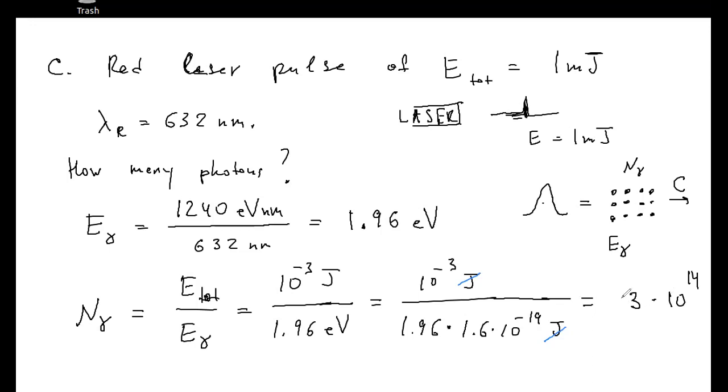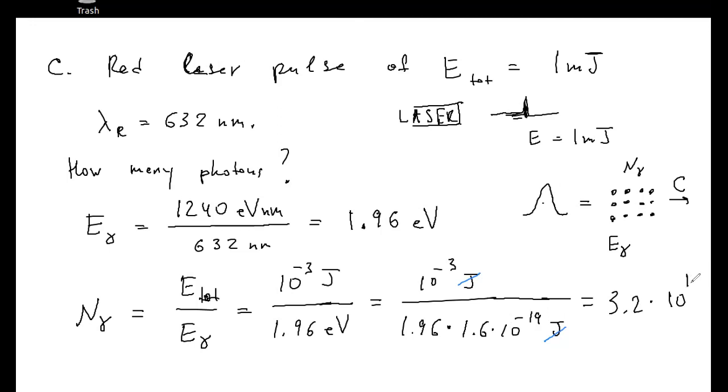But you can probably correct me. What is the more accurate value for the number of photons in such a pulse? It's 3.18, 3.2, yeah, times 10 to the power 15. Let me double check. Oh yeah, this is 16. Yep, you're right. Thank you.